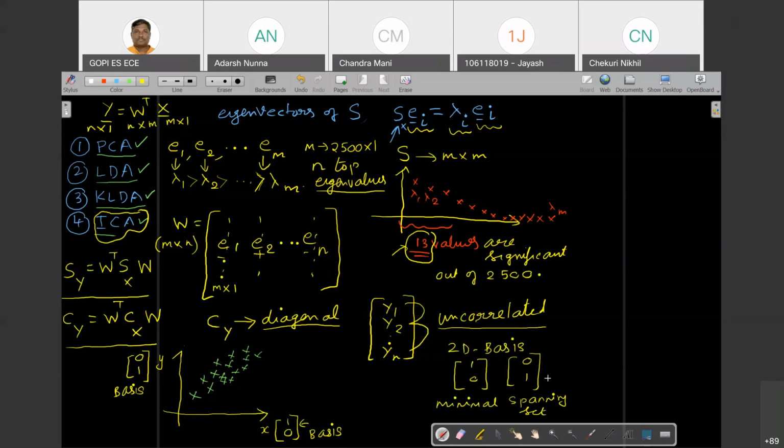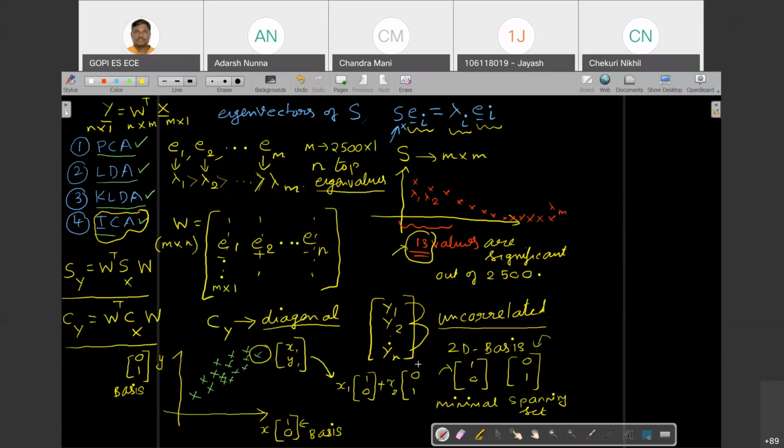The spanning set, minimal spanning set, in that case they should be independent automatically, but in the special case it is also becoming orthogonal also, right? So what does it mean? It means that any arbitrary vector, if I choose this as a vector, let us say these elements are x1, y1, can be represented as x1 into (1, 0) plus x2 into (0, 1).